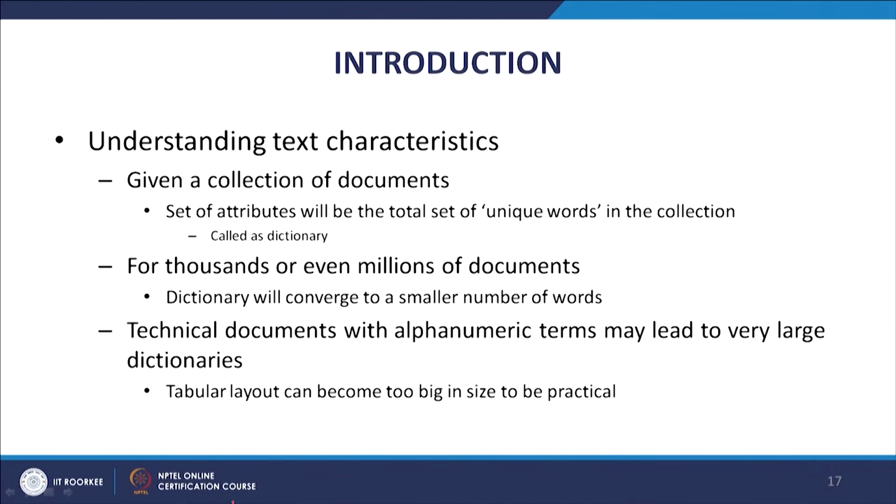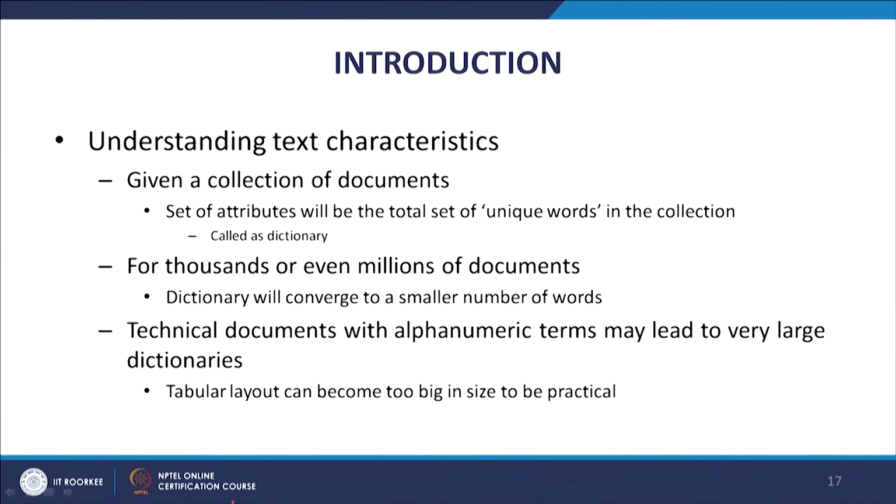Now to further understand the difference between the unstructured data and text data, numerical versus text, let us understand few text characteristics. So if we are given a collection of documents, the set of attributes or predictors that we are going to show in the column side, they are going to be the total set of unique words in the collection.